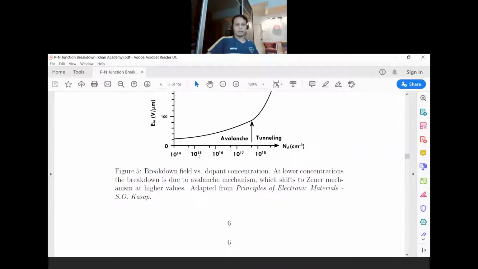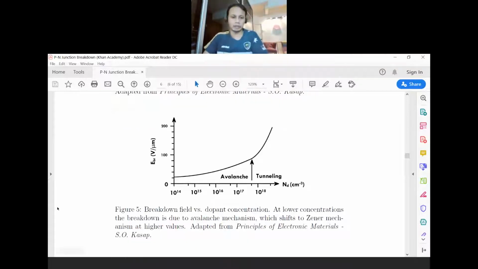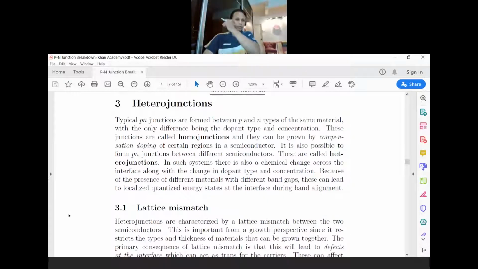If you plot breakdown voltage on the y-axis in figure 5 against dopant concentration, you can see that if you're talking about 10^14 to mid 10^17, avalanche breakdown will dominate, and if you're talking about heavily doped PN junction beyond mid 10^17, a tunneling mechanism or Zener breakdown will dominate. So, right, okay.